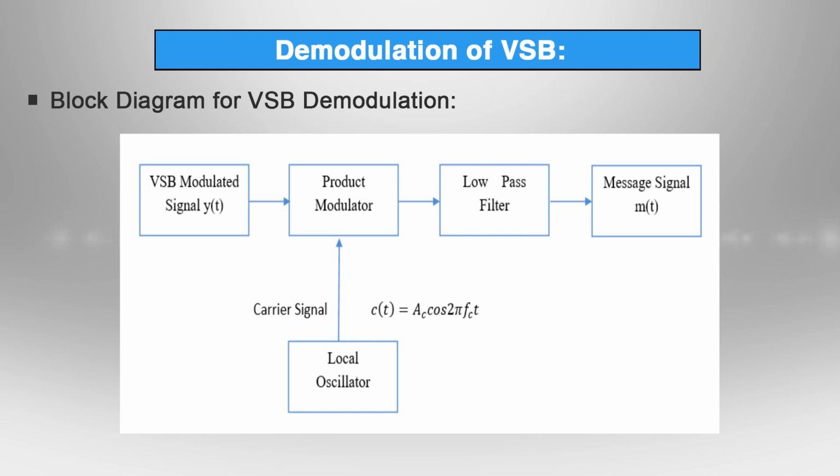The product modulator multiplies the VSB modulated signal and the carrier signal, and the output of the product modulator is passed through the low pass filter, which passes the frequencies up to the message signal only. The output of the low pass filter is nothing but the message signal m(t), which is the main concept of the demodulation technique.